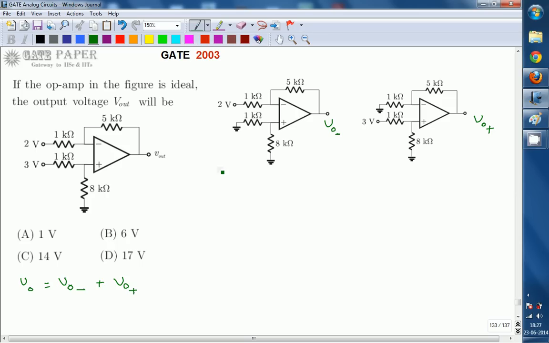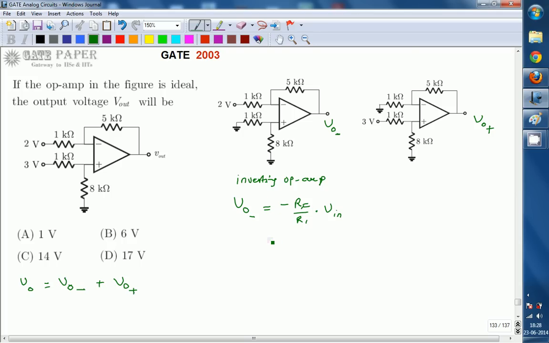Now we will calculate V naught minus by looking at the first diagram. This diagram looks like an inverting op amp. For an inverting op amp, the output voltage V naught minus is minus RF divided by R1 times V input.